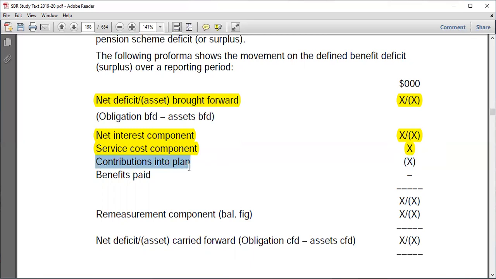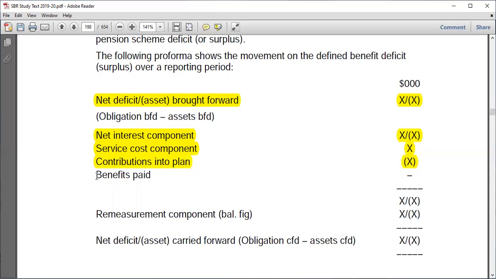When you make a contribution into the plan, that means you increase assets. So if you increase assets, as you see, your assets had a bracket. So contributions into the plan would show a negative sign here. That's just a decision, right? So you have to know that there are matters that would increase liabilities and that would increase assets. So you have to check on the sign, right?